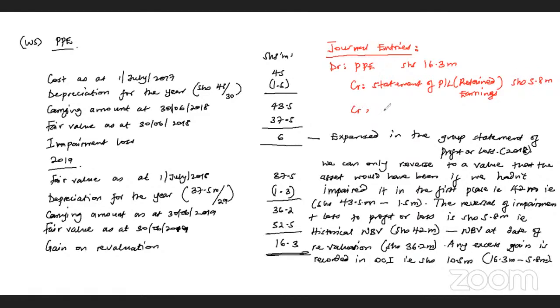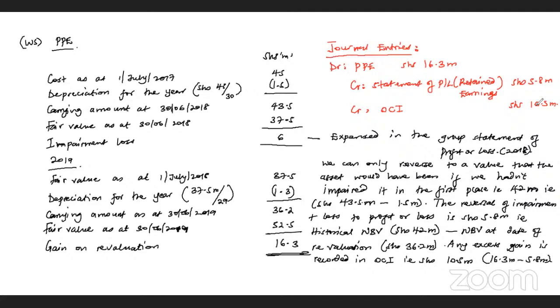Then I also go to my OCI, other comprehensive income, and we take shillings 10.5 millions.